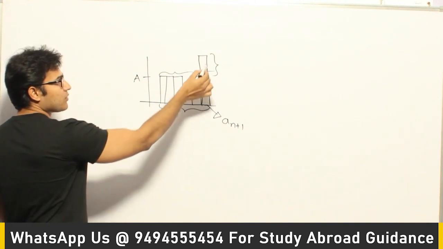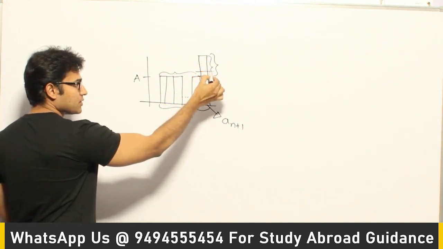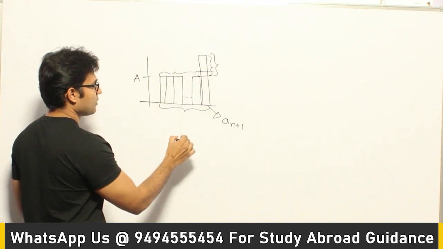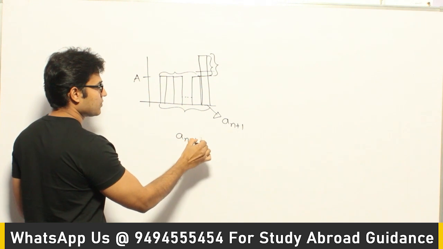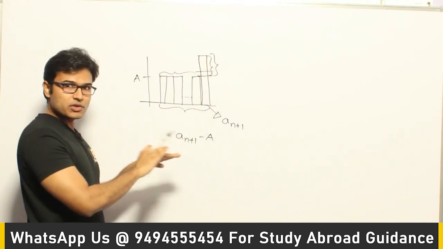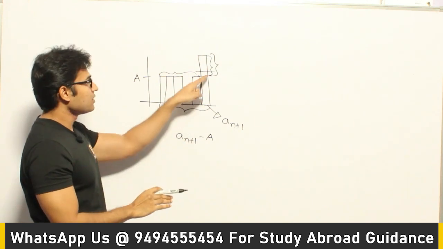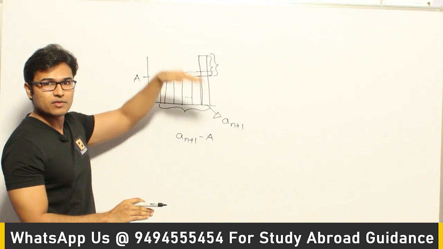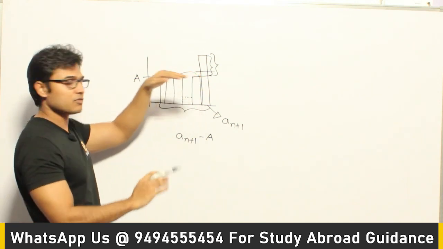Now let's find out the difference, which means this particular part. What is this difference? That is what I wanted to find out. Now the difference would be a n plus 1 minus A, right? Now this difference has to be cut into equal parts and then given to all of them so that the average will move up, because all of them have to get an equal share, isn't it? Equal distribution of the difference.